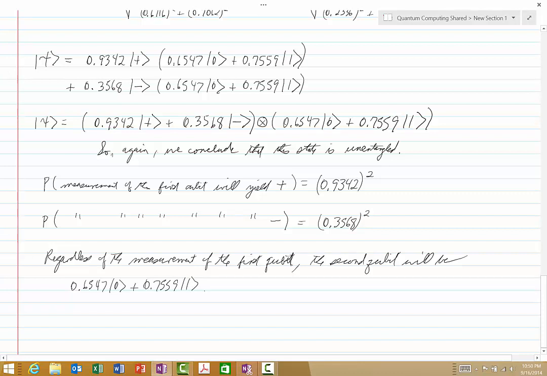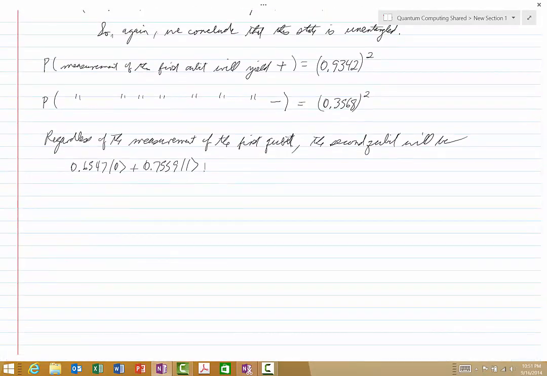And therefore, if we measured that second qubit in the standard basis, the probability of getting 0 would be 0.6547 squared. The probability of getting 1 would be 0.7559 squared. And that statement is true regardless of what you get for the first qubit. So I hope that made good sense to you.